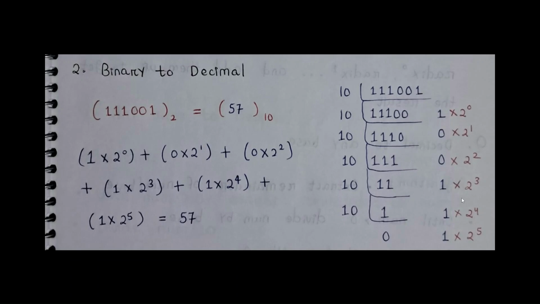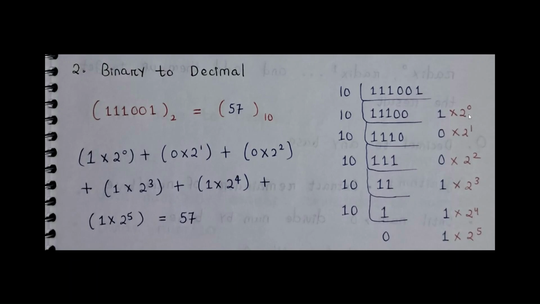Why are we multiplying with 2 over here? Because our original number system is binary. So to convert it into the decimal number system, first we need to extract the value of this particular number, and we can get the value by multiplying the face value with the place value.